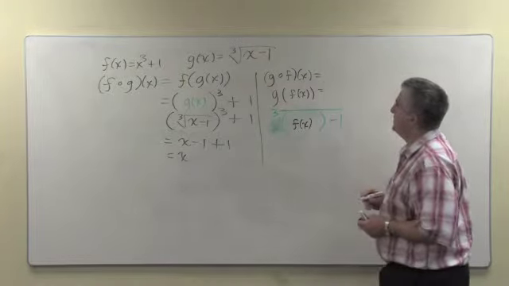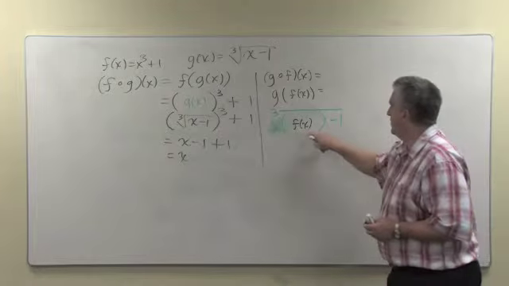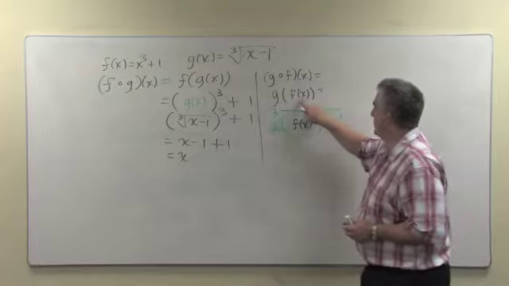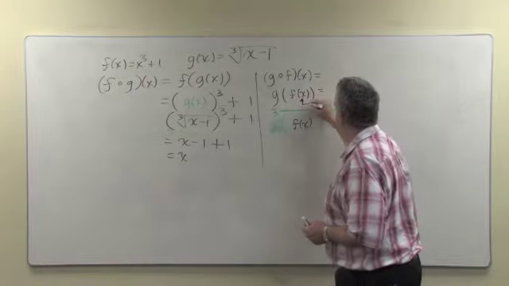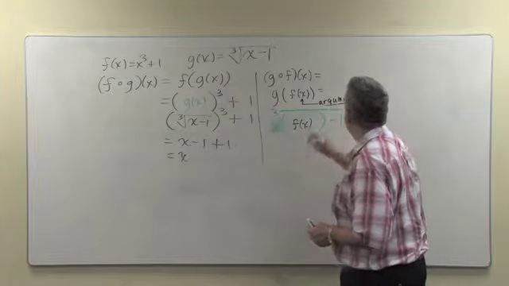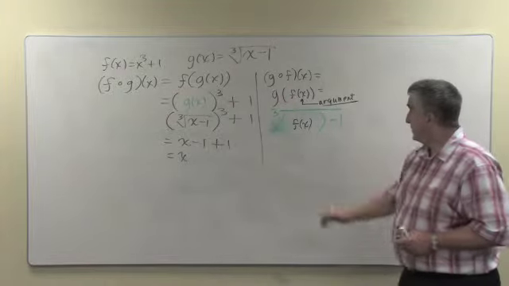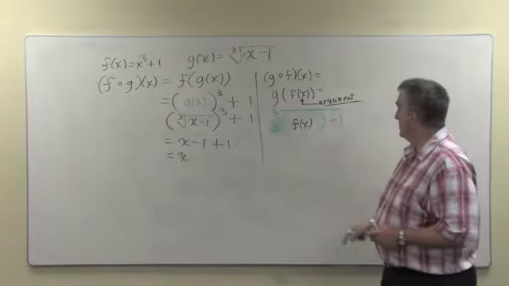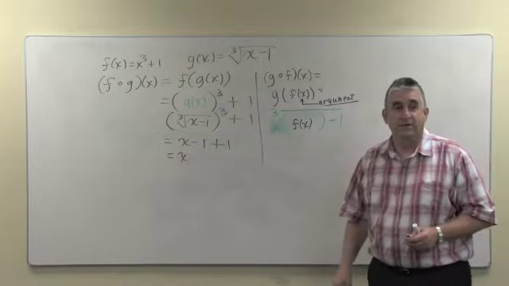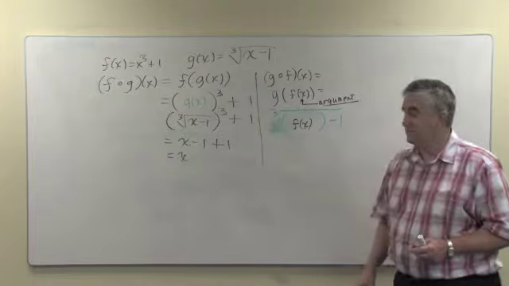So the g function takes the cube root of whatever you put in there, minus 1. This, by the way, is called the argument of a function. Instead of just calling it x or some number, we refer to the expression inside the parentheses as the argument of g. And that'll be important later in advanced mathematics.